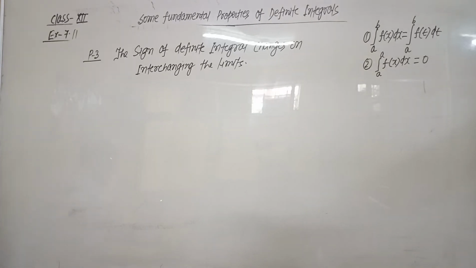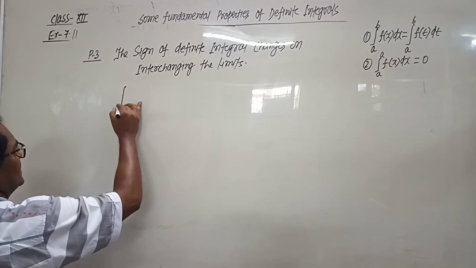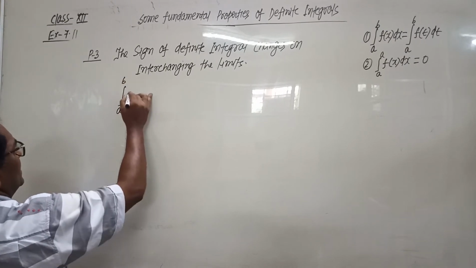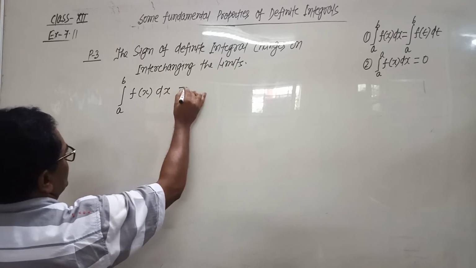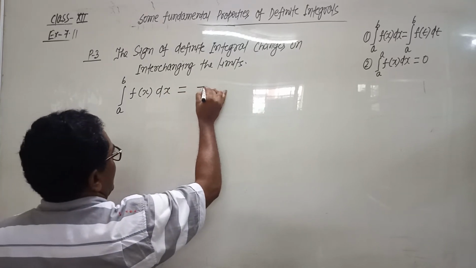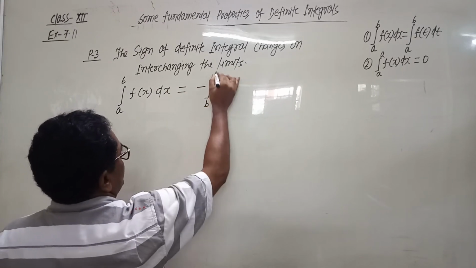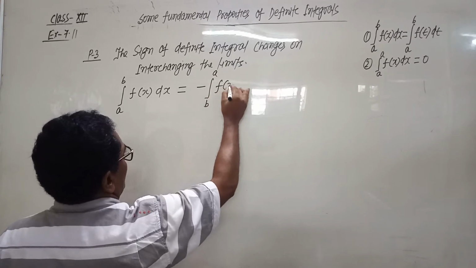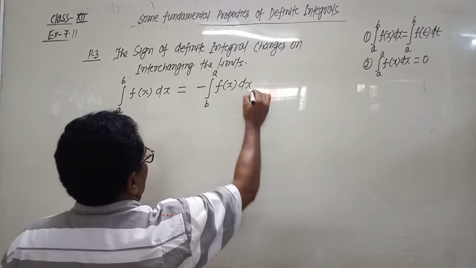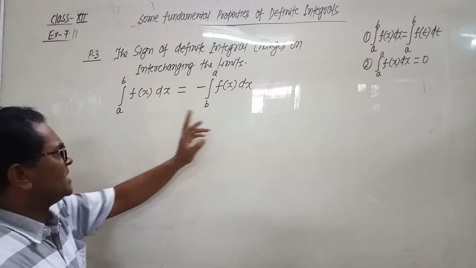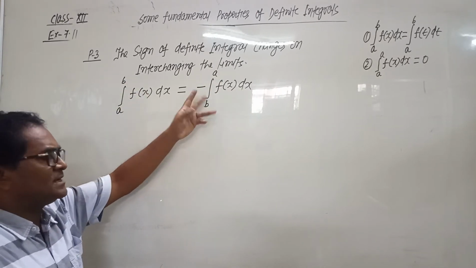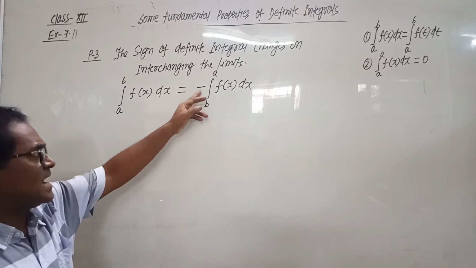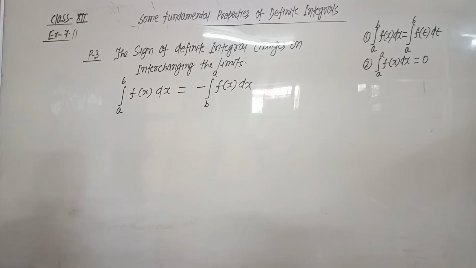Then sign gets changed. So integration limit a to b f of x dx must be equal to minus integration b to a f of x dx. So we have interchanged the limit. Lower and upper limit get interchanged. Then the sign of definite integral changes.